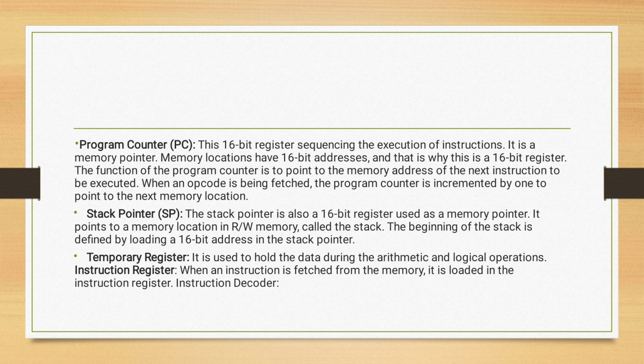It is a memory pointer. That means if we want to point to a particular memory location, the memory locations have 16-bit addresses, and it is also a 16-bit register. It always holds the next memory location by incrementing by 1.